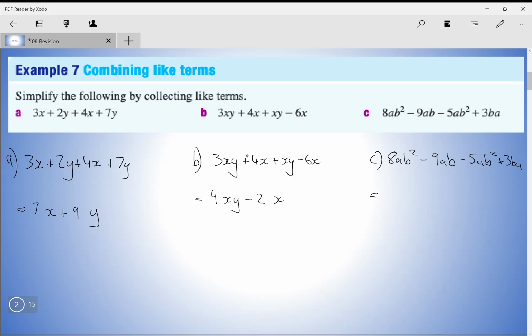But we have minuses on both pairs of like terms here, so when we're adding all the coefficients of ab squared, we have 8 minus 5, which is 3. And then when we're adding the coefficients of our ab terms, we have minus 9 plus 3, which is minus 6. And that's the solution.